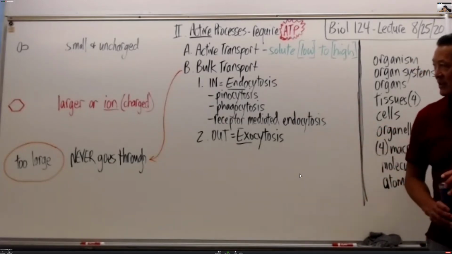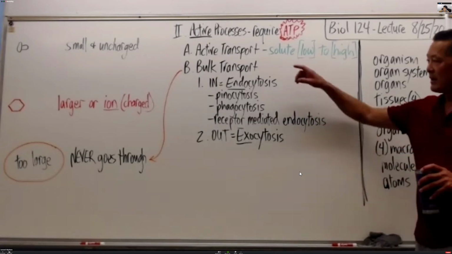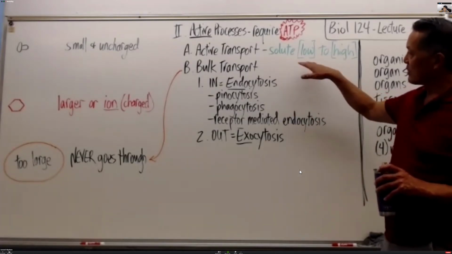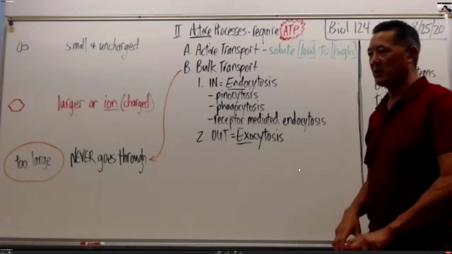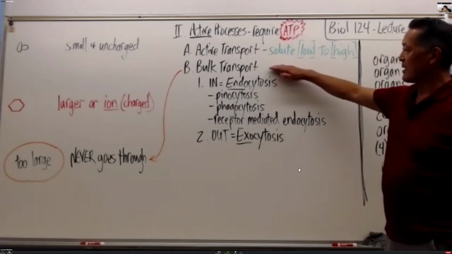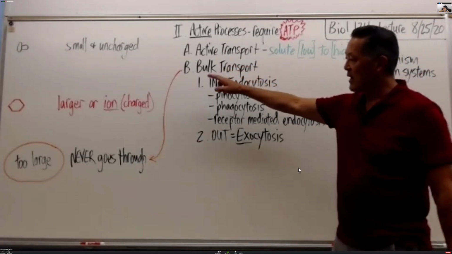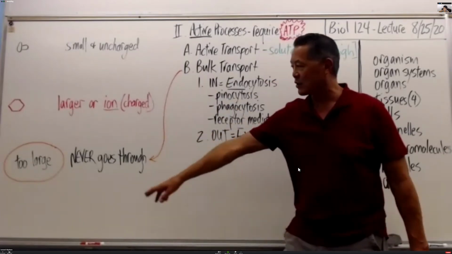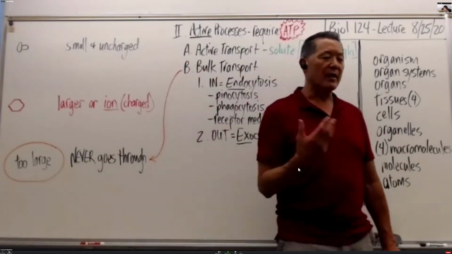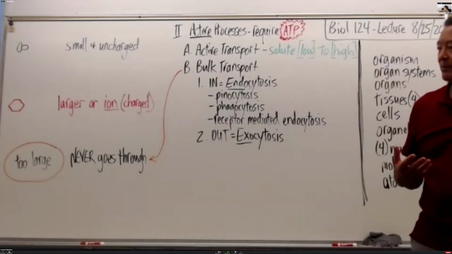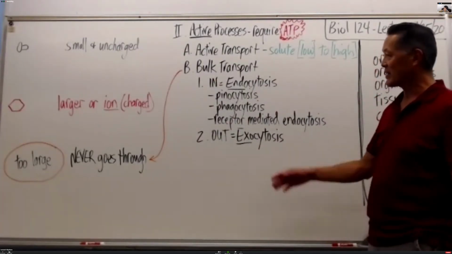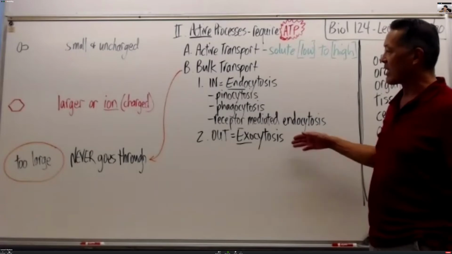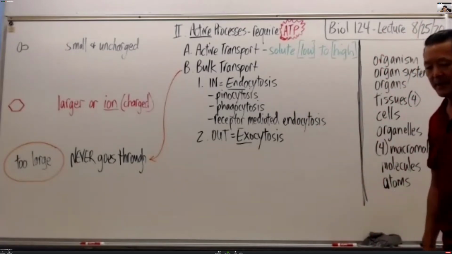Now, here the solute is not necessarily going from low to high, but the reason why I connected it, I wanted to include it last week because I want to connect it to this. This is how solutes that are too large to cross the membrane can actually go in and out of the cell, and it's both in and out of the cell. We'll talk about this in the PowerPoint.